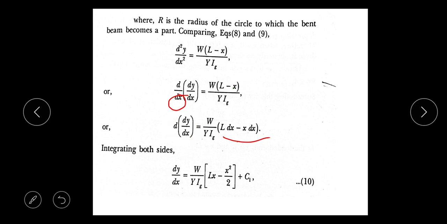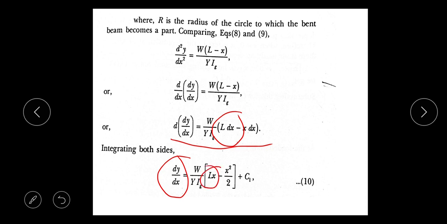Now integrate this. Integration of d of dy by dx is dy by dx. Then the integration of the right hand side: W by Y Ig is taken outside the bracket and the integration of L dx is Lx. Similarly, the integration of x dx is x square by 2, and the constant of integration is C1.